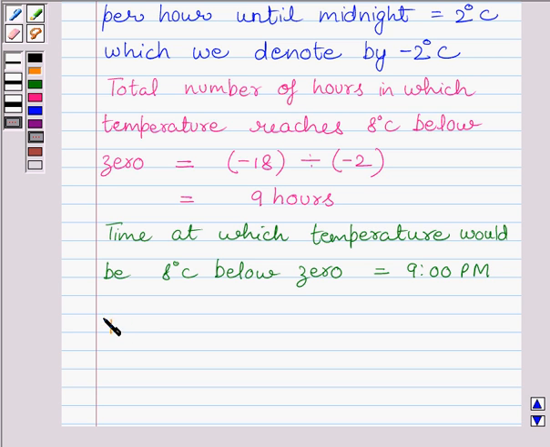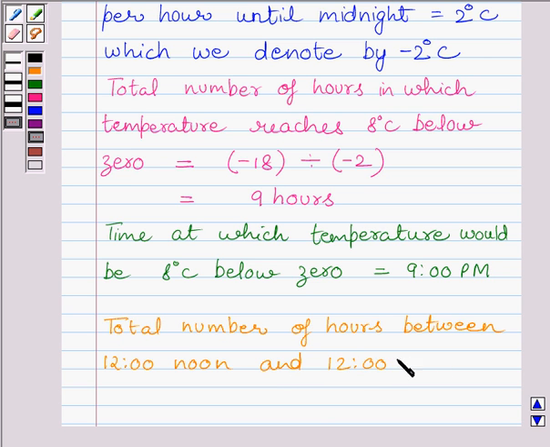So we can write total number of hours between 12 noon and 12 midnight is equal to 12 hours.